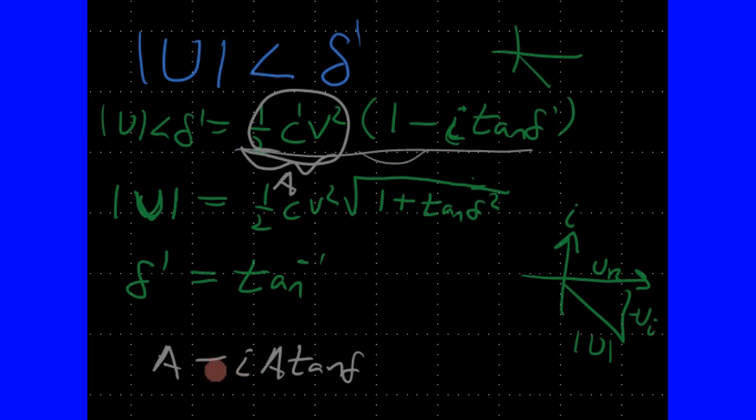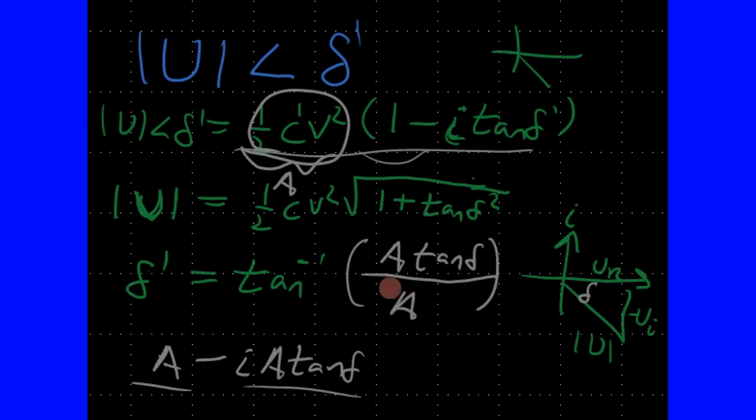We call it A minus A tan delta. This is the real part, this is the imaginary part. The imaginary part will go on top because it's opposing the angle. The A's cancel, and basically what you're left with is delta equals tangent delta.